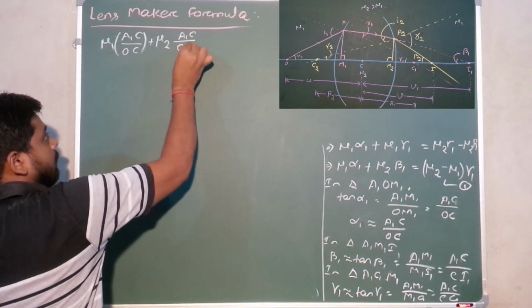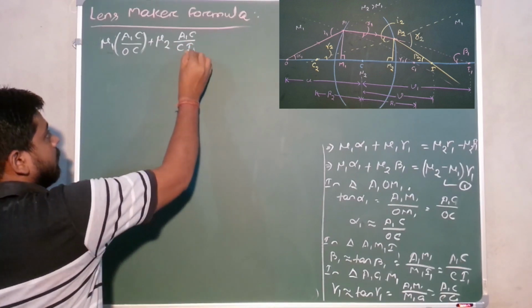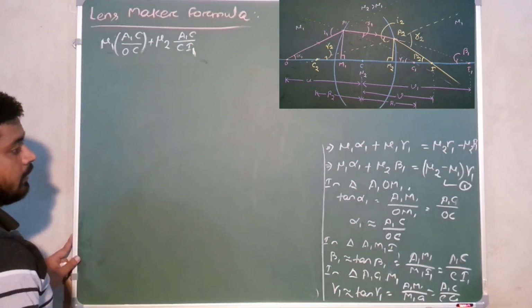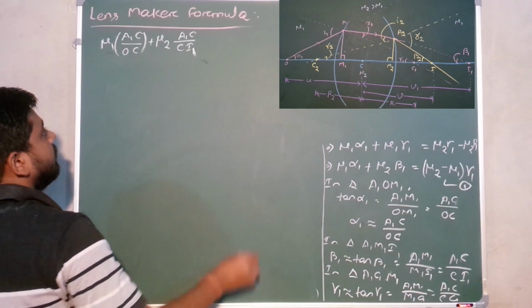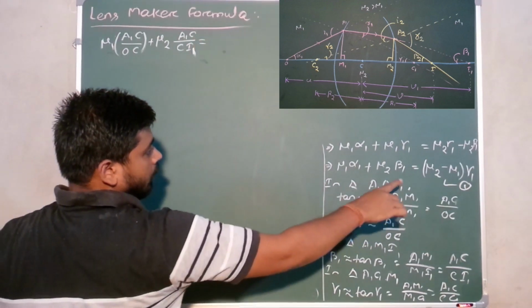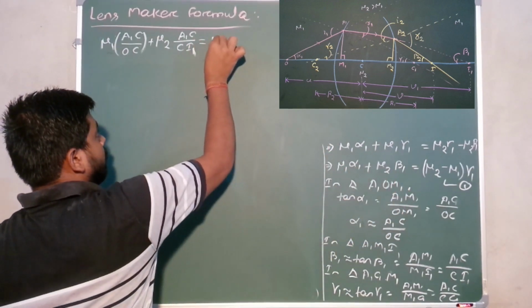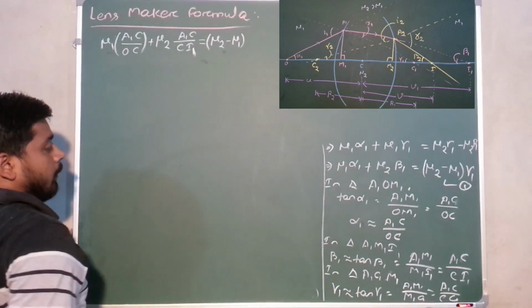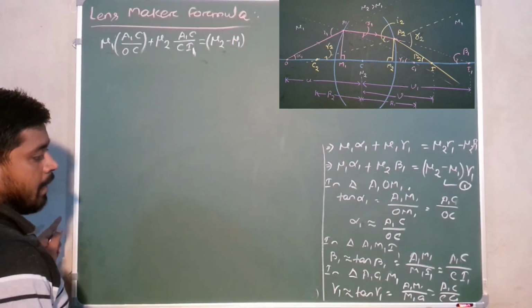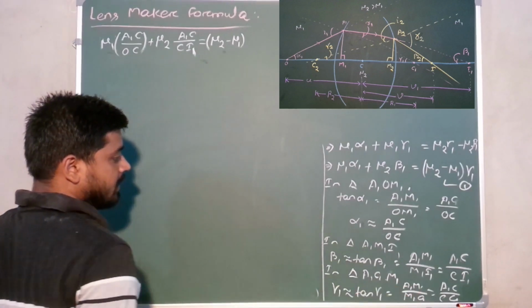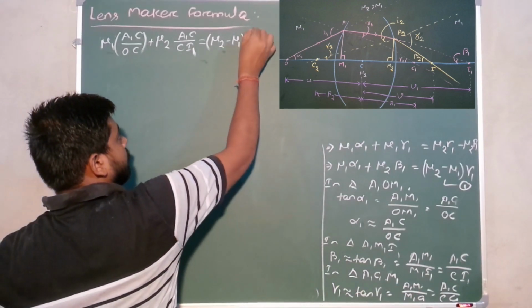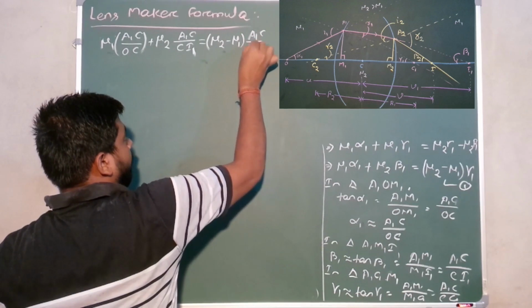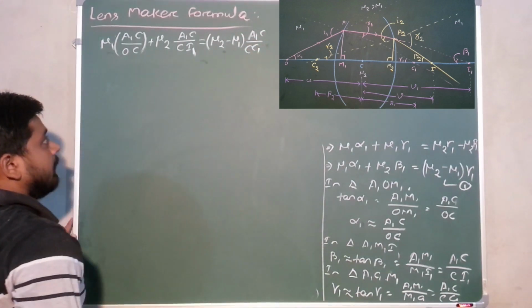Then is equal to mu2 minus mu1. In place of gamma 1, we can write A1C by CC1. Yes or no?